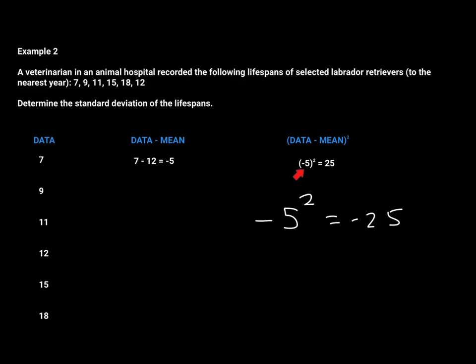Whereas with parentheses, you're squaring whatever's inside the parentheses, so you're squaring -5. Just a little word about notation. So we need to do this for each one of these pieces of data. So next is going to be 9 minus 12, and then 11 minus 12, and 12 minus 12, and so forth.